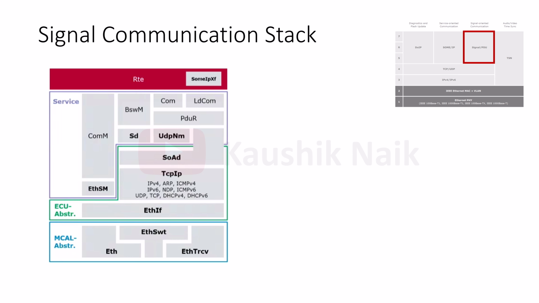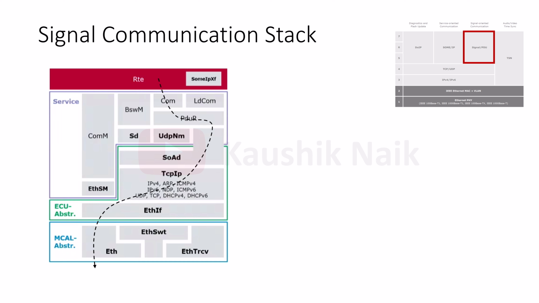This is similar to the conventional CAN communication but differs below the PDUR layer. Let's consider data to be sent on Ethernet. The data flow involves software component to RTE to COM, to PDUR, to SOAD, to TCP/IP, to Ethernet IF, to Ethernet modules.